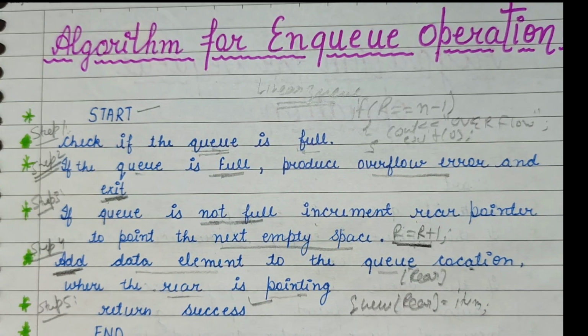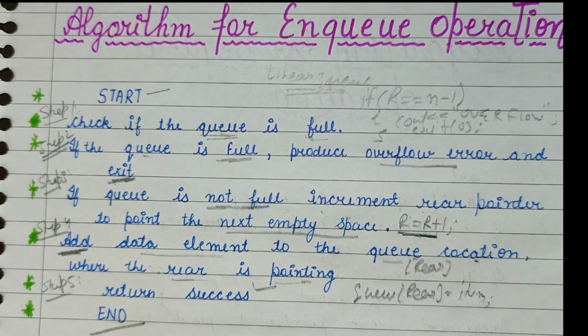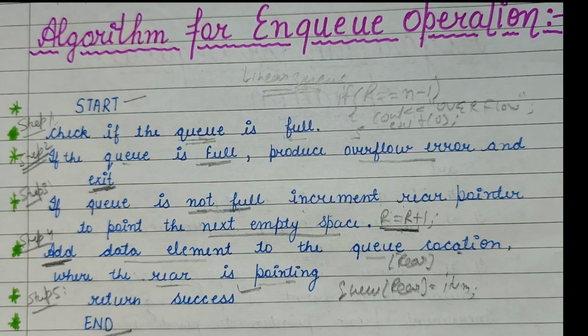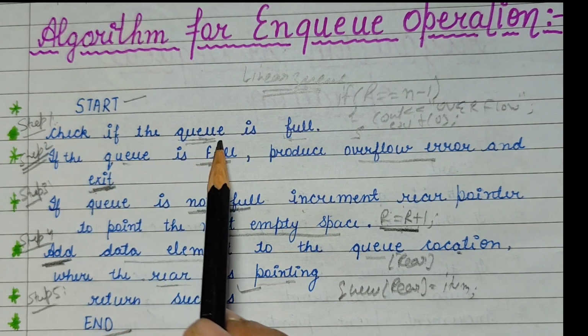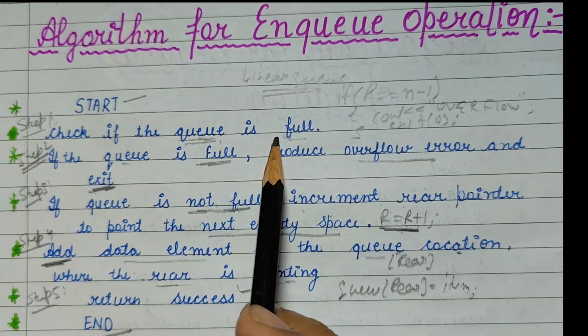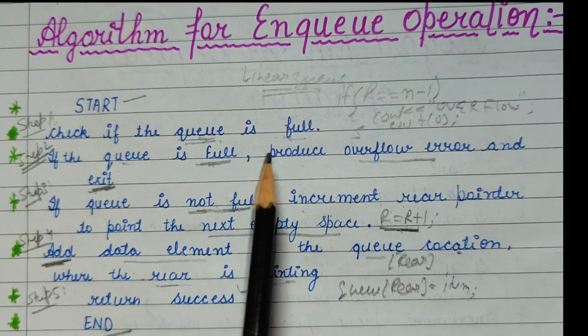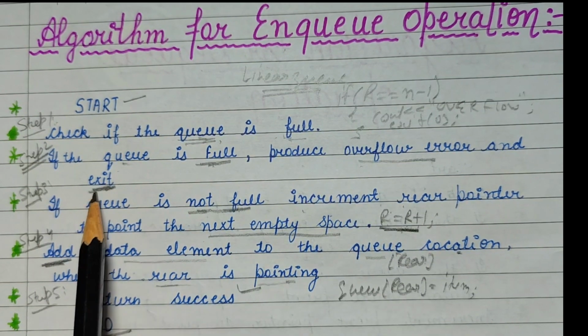I hope all of you are clear on how to perform the Enqueue operation on a queue. So I repeat, first we check whether the queue is full or not. If the queue is full, produce overflow and exit.